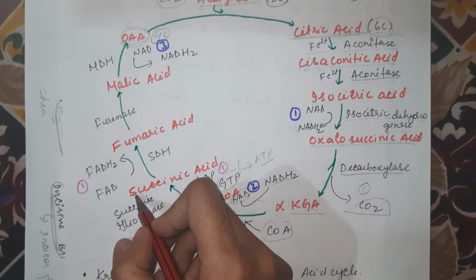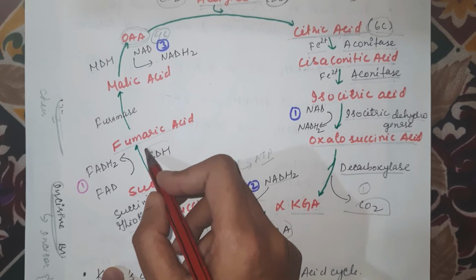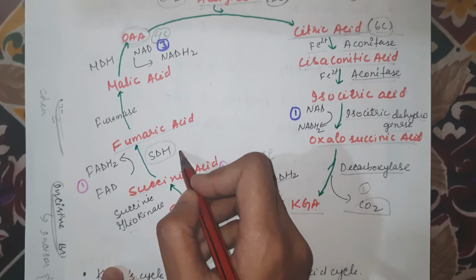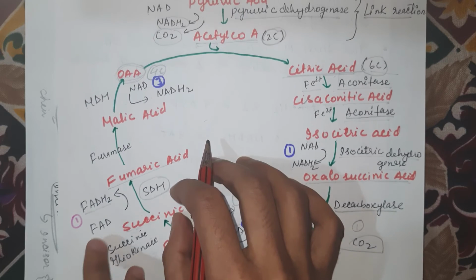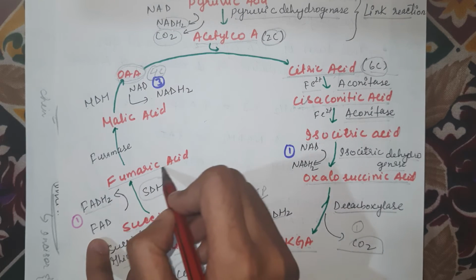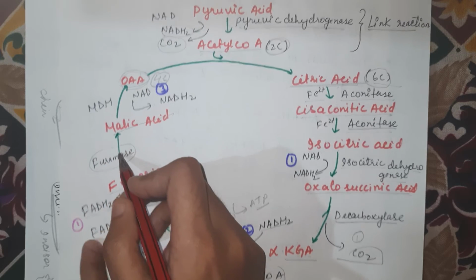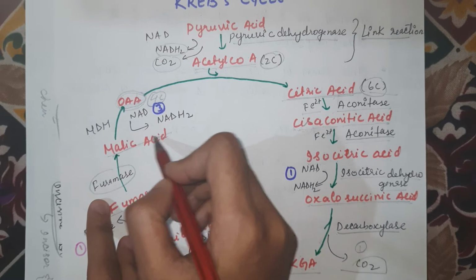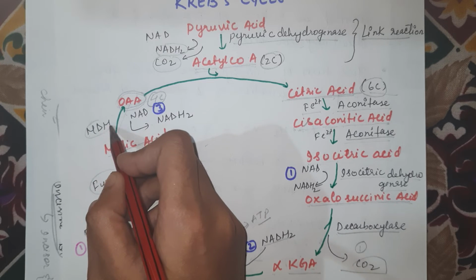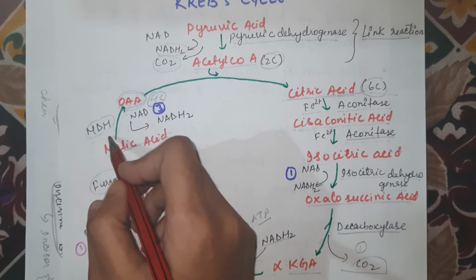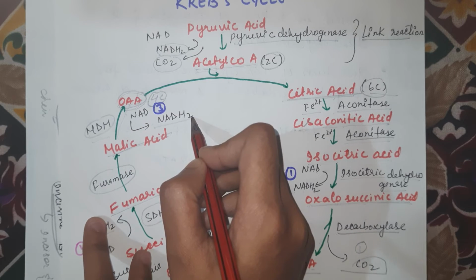In the next step, succinic acid is converted into fumaric acid in the presence of succinic dehydrogenase enzyme, and in this step 1 FADH2 is formed. In the next steps, fumaric acid is converted into malic acid in the presence of fumarase enzyme, and then malic acid is converted into oxaloacetic acid in the presence of malate dehydrogenase enzyme, and here also 1 molecule of NADH2 is formed.